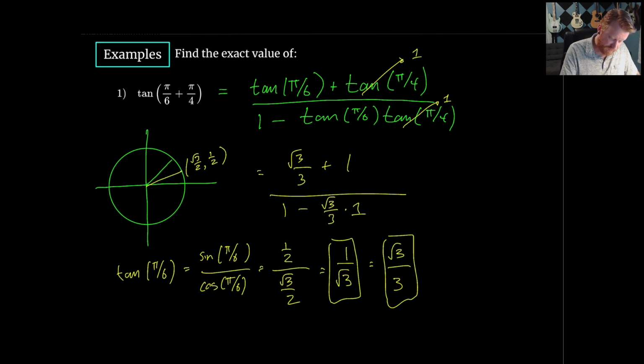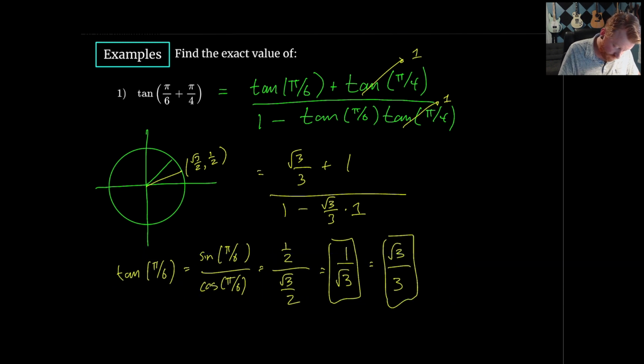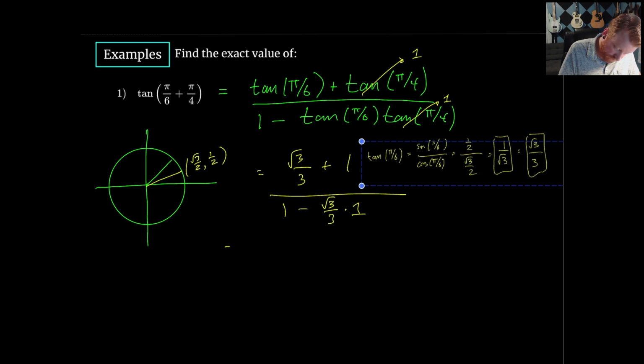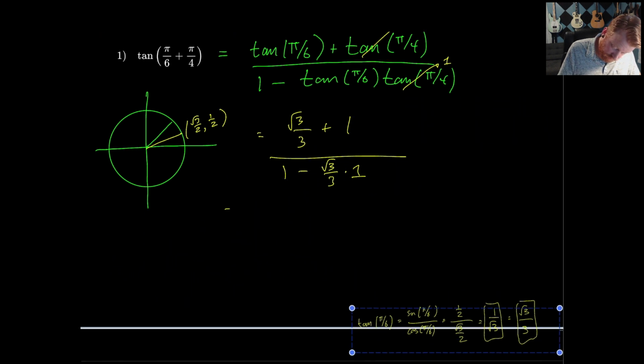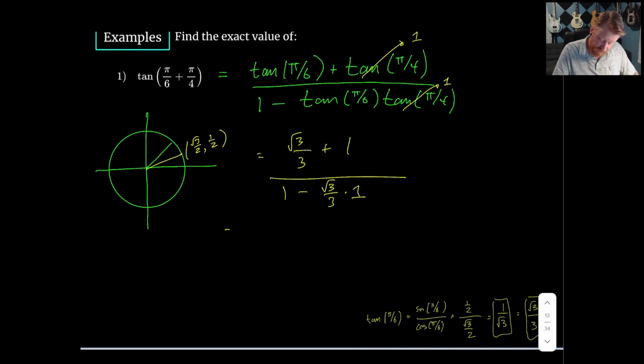So let me make some space here now that I've got these values. We'll just put this over here in case we want to reference it. But now what do we have?